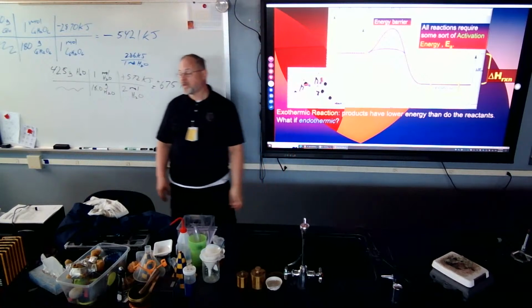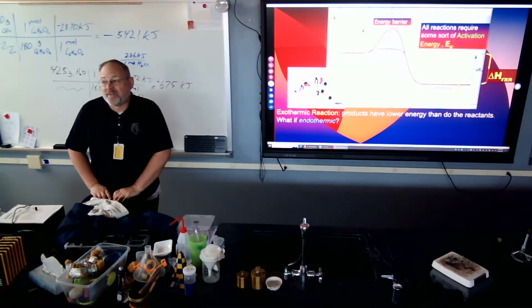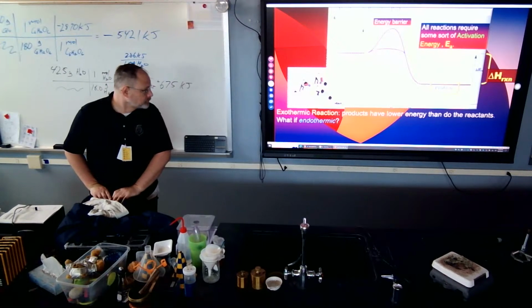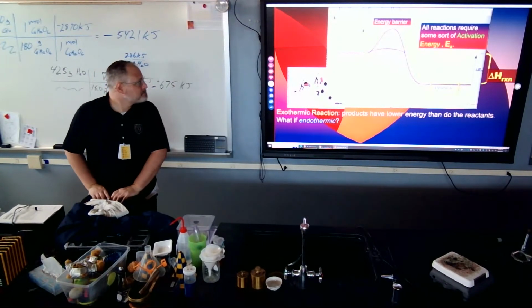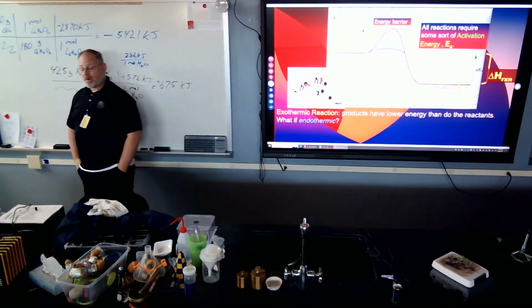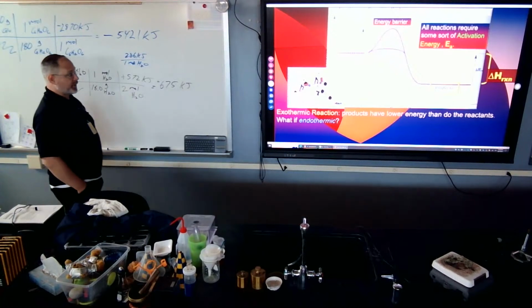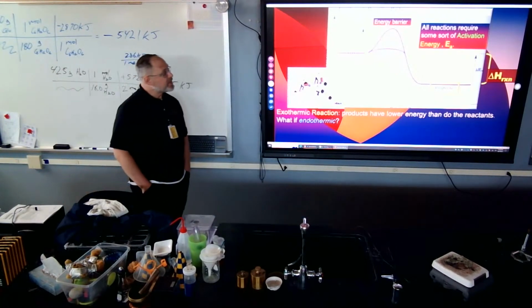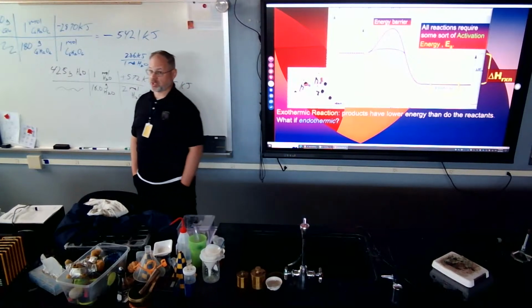The energy required to overcome it is called the activation energy. So the bump, which all reactions have, is called the energy barrier, and the energy to overcome it is the activation energy.